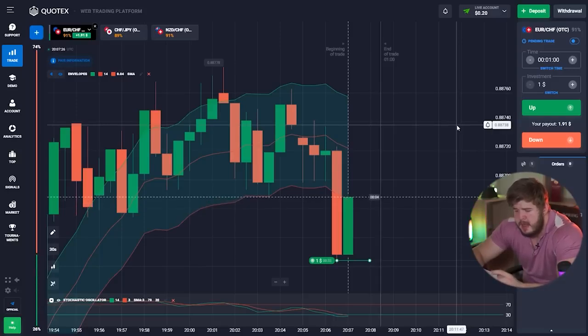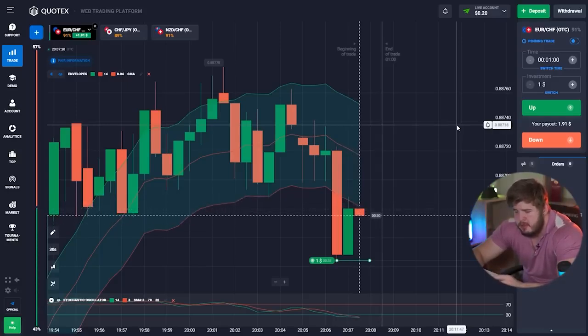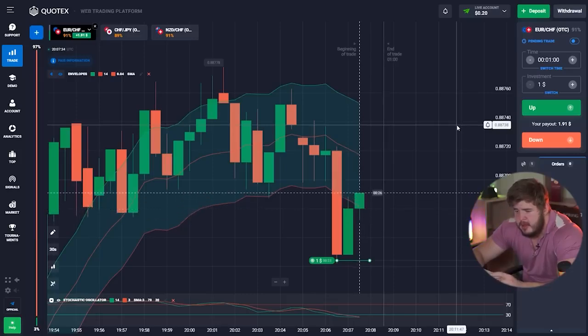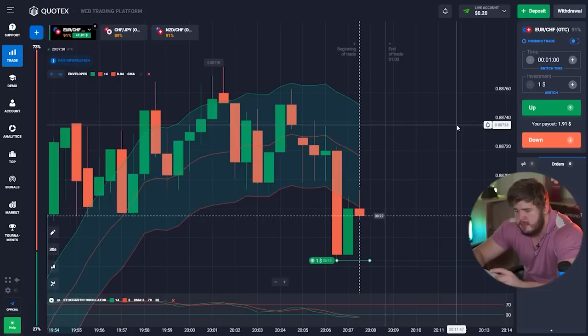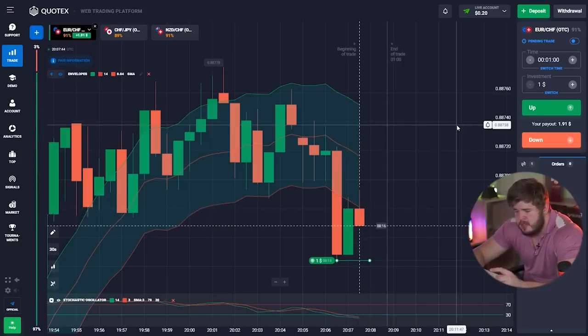We opened a buy position because now the price is going to reach the middle of this channel, maybe even the roof of this channel. Anyway, the price will be higher than the lowest point of the previous red candle.